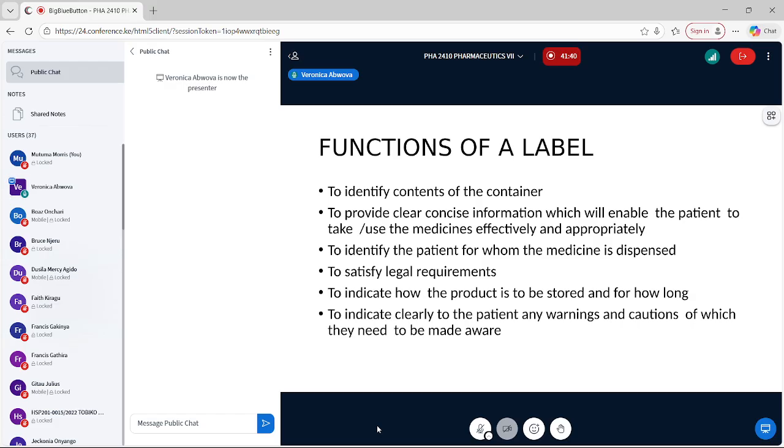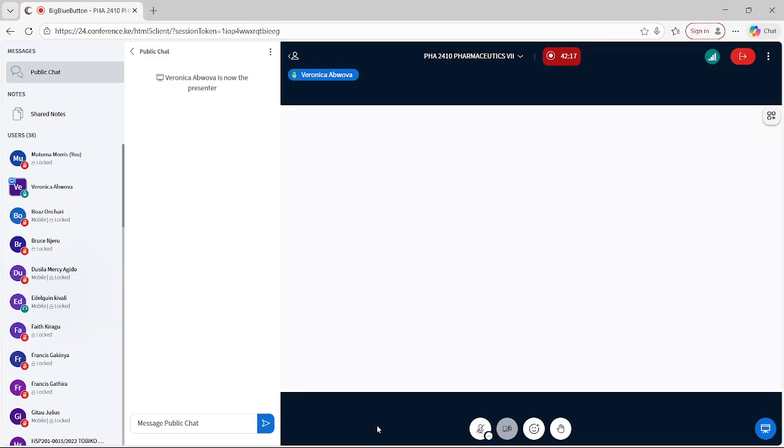Sometimes people get away with what is happening currently because the populace is not informed, but as people get more informed, if you play around with the safety of the population, someone might actually sue you for neglecting your required professional duty. And next, to indicate how the product is to be stored and for how long, and to indicate clearly to the patient any warnings and cautions of which they need to be made aware.